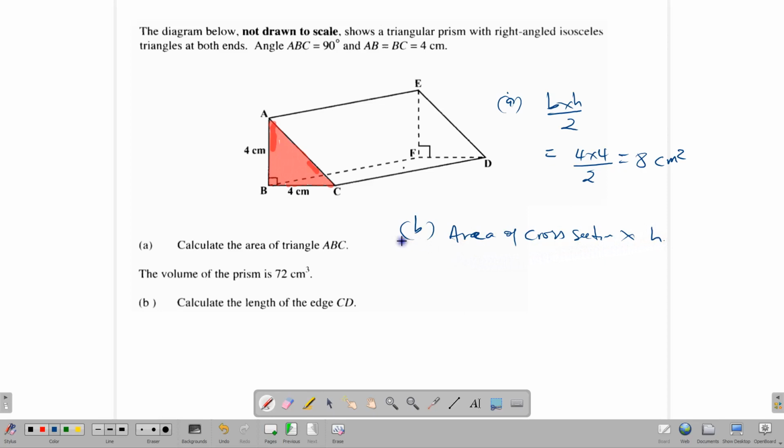And so in order to find CD, which is the length, we're going to be using the fact that the area of the triangle times the length would give us the volume. So 8 times CD would give us our volume of 72 centimeter cube. And so CD, therefore, is 72 divided by 8, which gives us 9 centimeters.